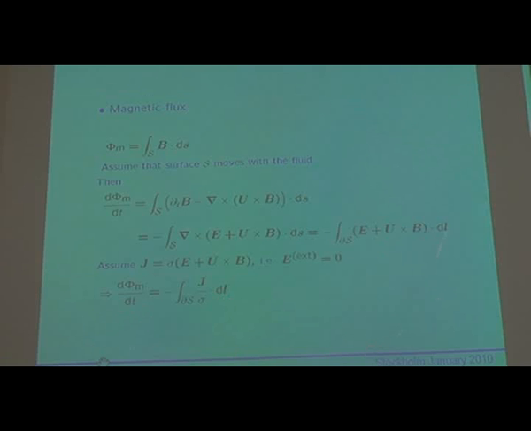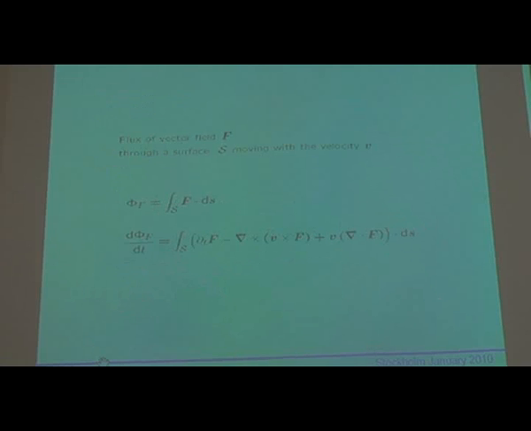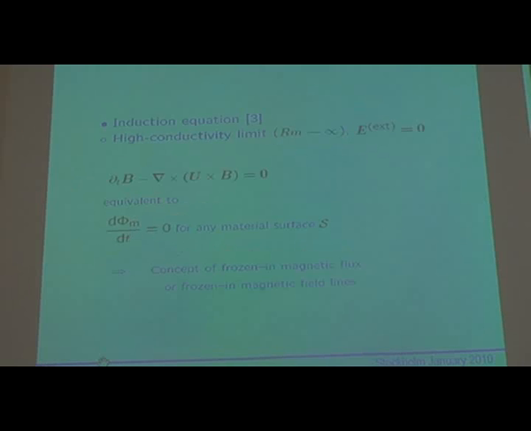Okay. We are interested in particular in the induction equation in the high conductivity limit, that means sigma or the magnetic Reynolds number tends to infinity, and again for convenience we put the external electromotive force equal to 0.